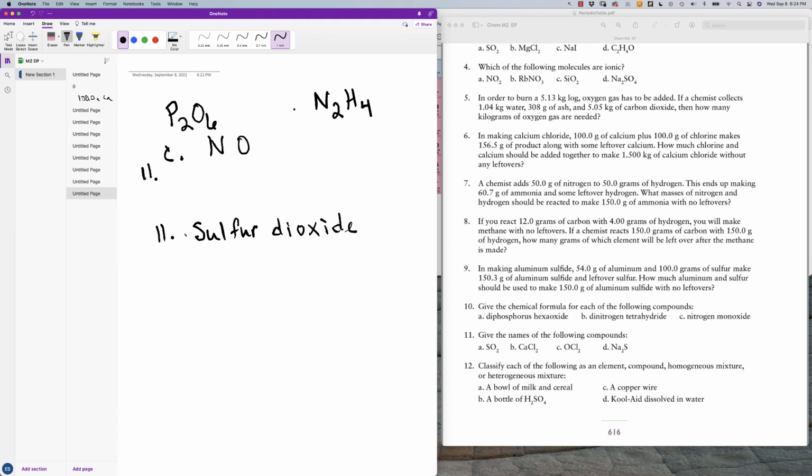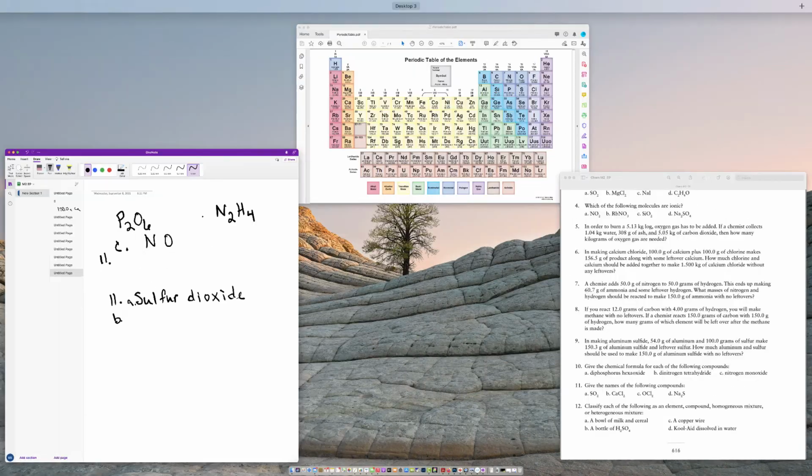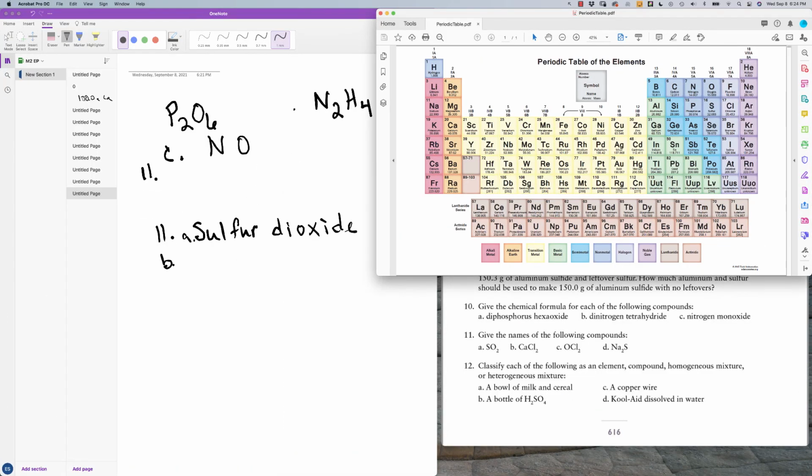That's for A. So B, we've got CaCl2, calcium and chloride. When we go to our periodic table, you see calcium is in our second column right here. That's definitely on the metal side. And chlorine is way over here, definitely in the non-metal. So it's a metal and a non-metal.